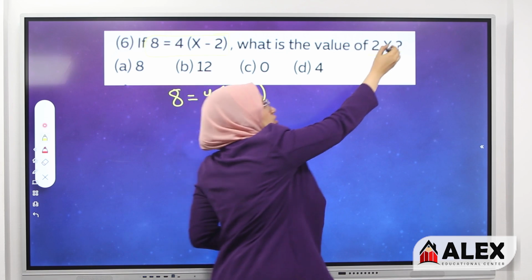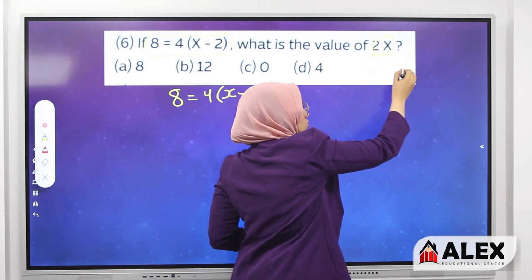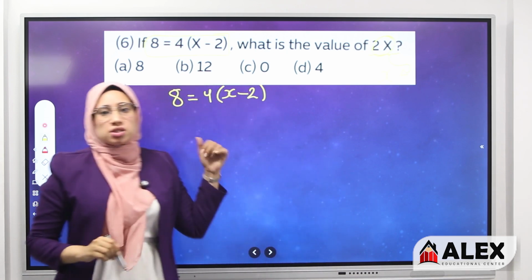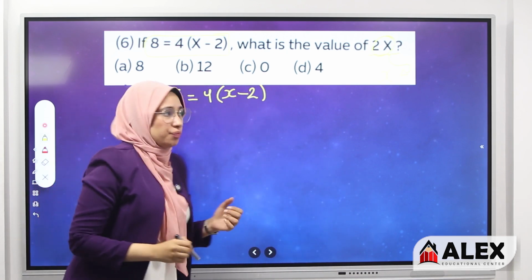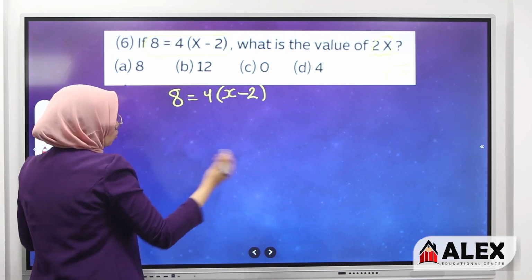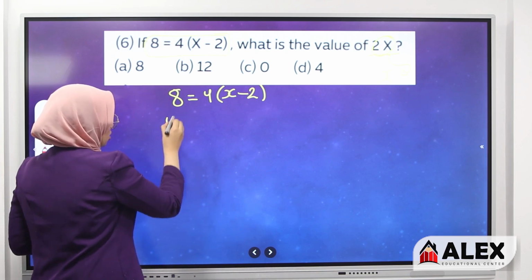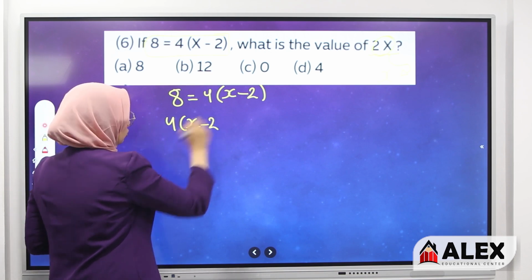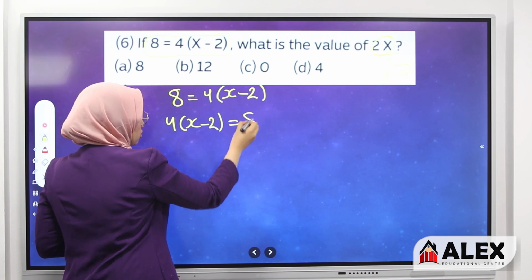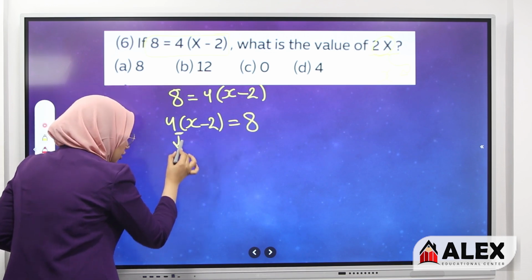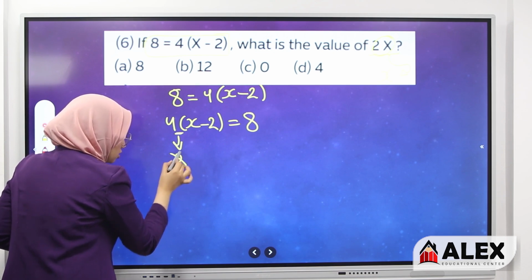To give here 2x, we should find first the value of what? The value of x from what? From this equation. Okay. We arrange the equation first from left to right. We write like this: 4 bracket x negative 2 equal 8. 4 with the bracket, that means here is times.